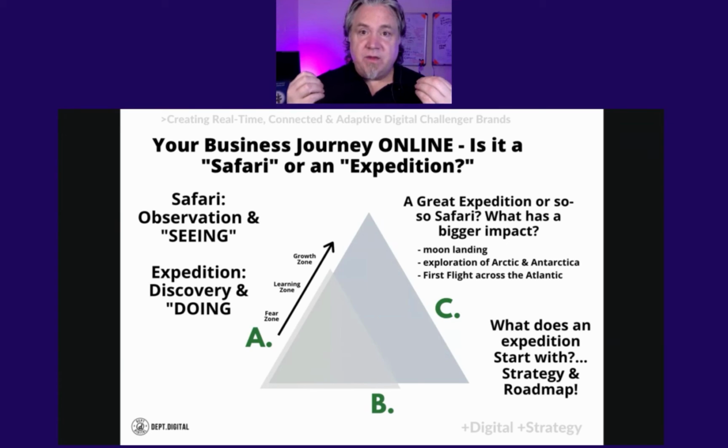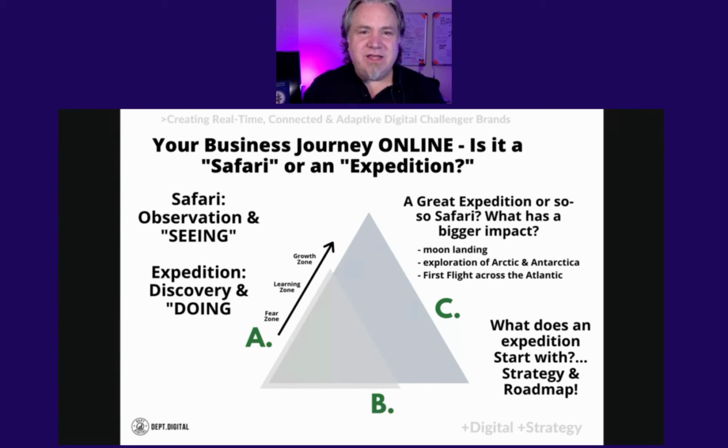Typically, what's a safari? It's basically getting in a ute or a truck or whatever the case may be, and going and watching some lions and some tigers, and eating some zebras, that sort of thing. It's very much watch, look and see what happens.